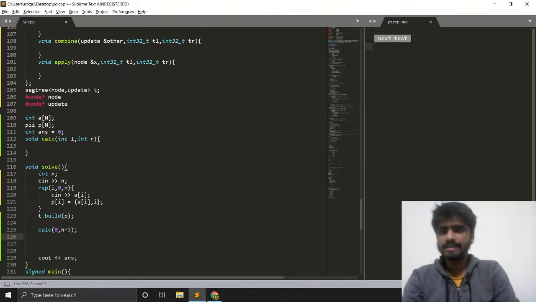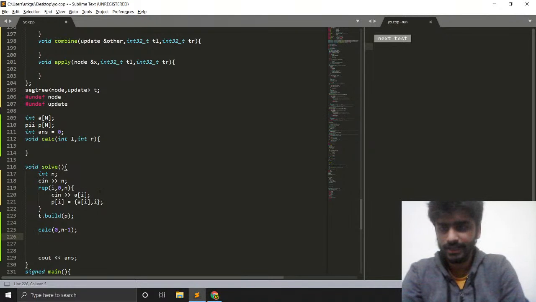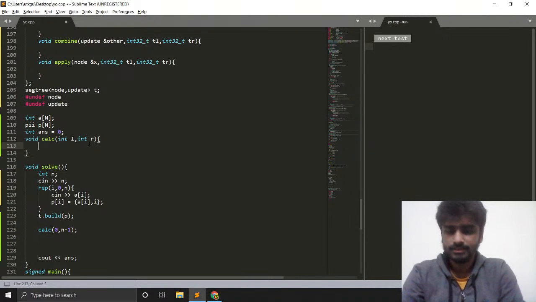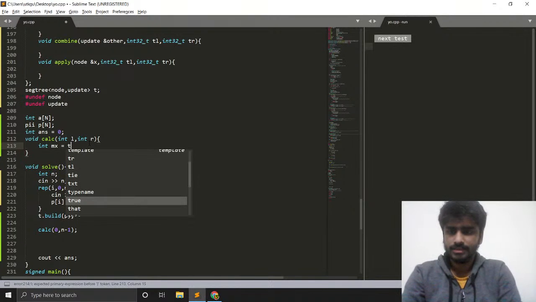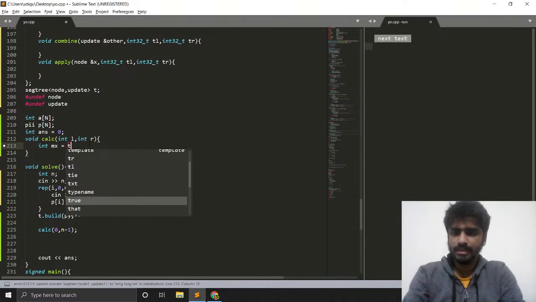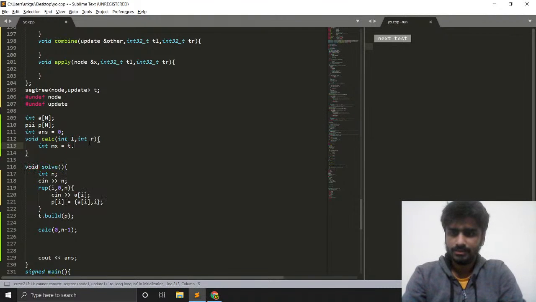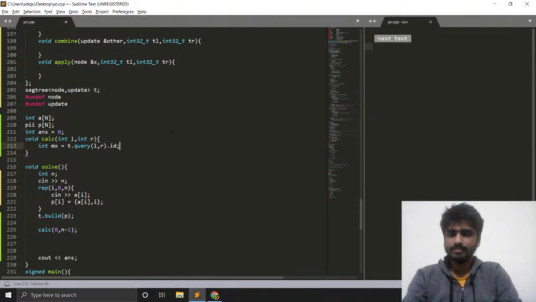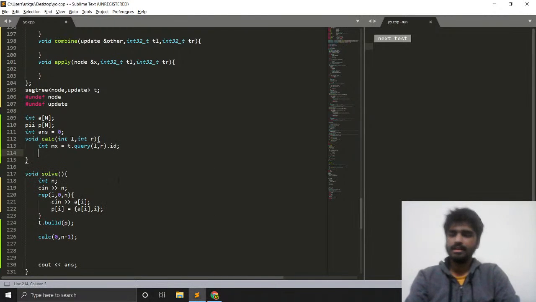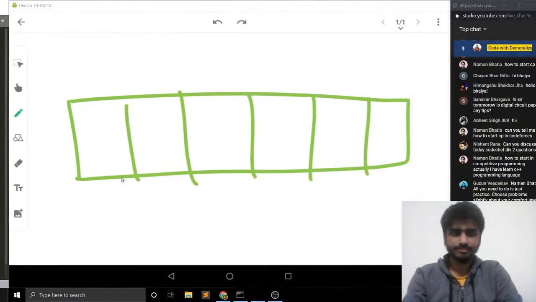So now I can use that segment tree to get the maximum element and the index of the maximum element. Let's say I just want the index of the maximum element. Okay, so this will give me the index of the maximum element of the array.